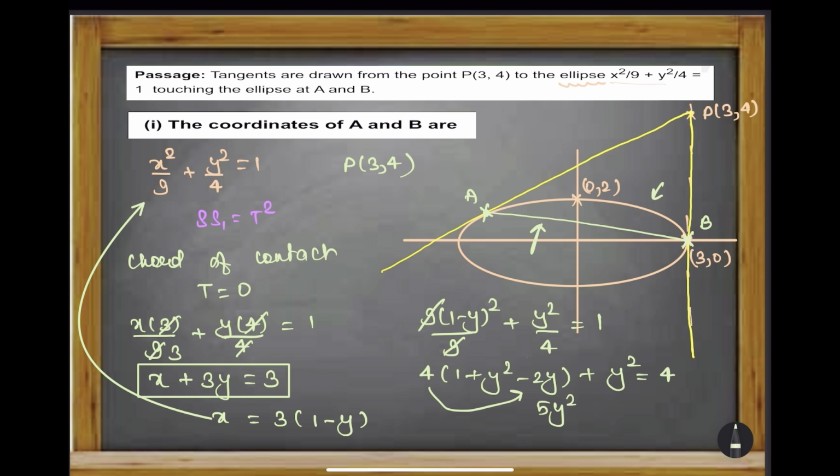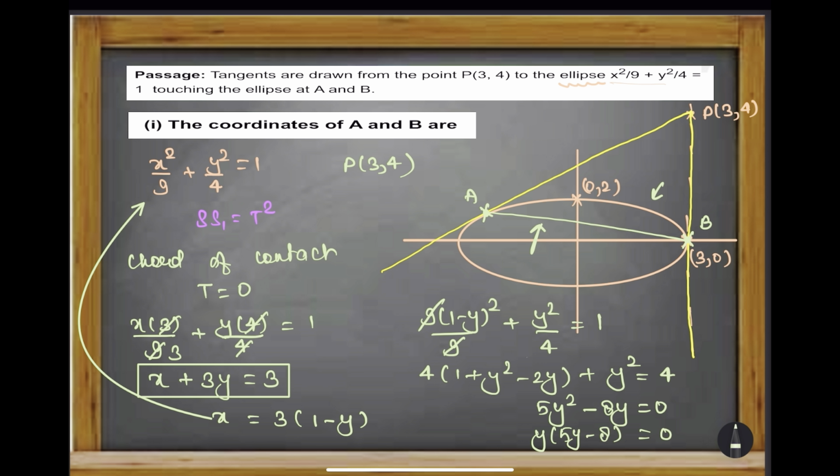Now look at this. This thing is 8y and we don't have another y component. So minus of 8y. Now look at this. This is plus of 4 and this 4 will come to this side. So it will become minus of 4 and it will get neutralized. So can I take y common? So we will have y times 5y minus 8.